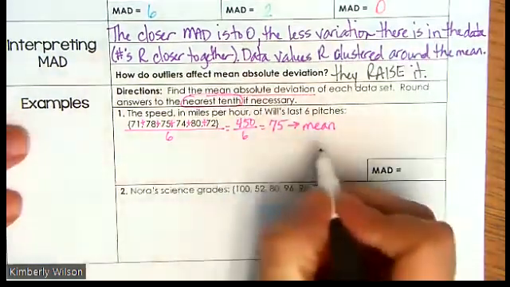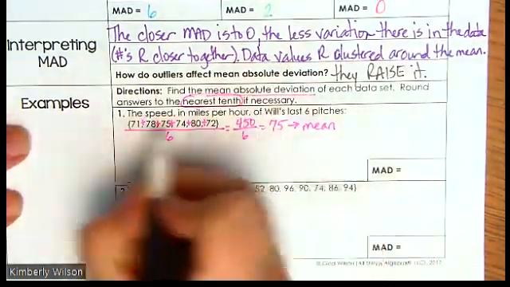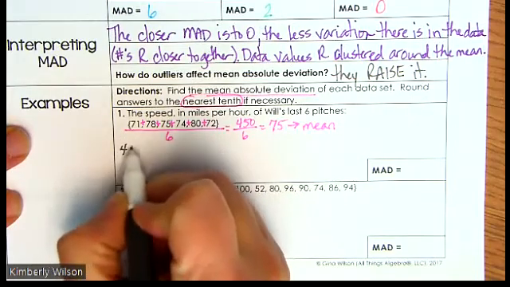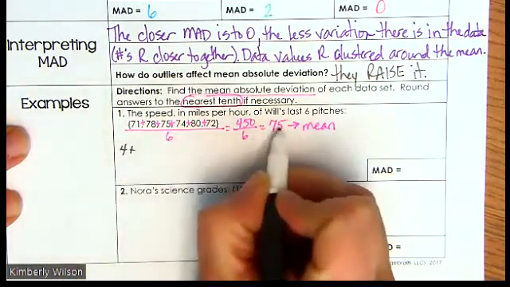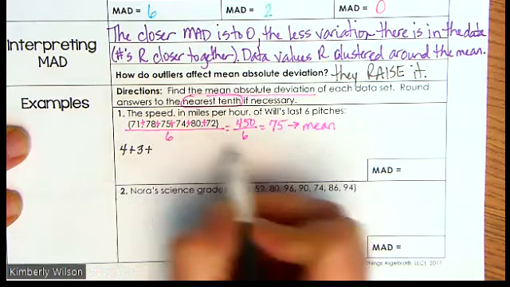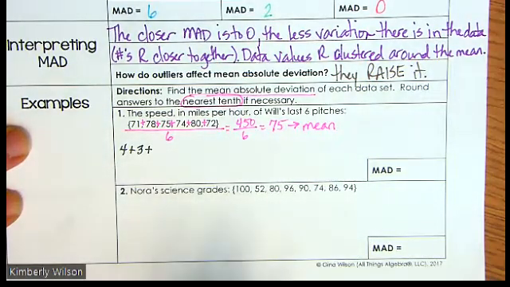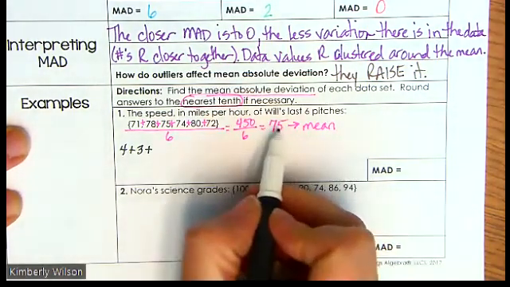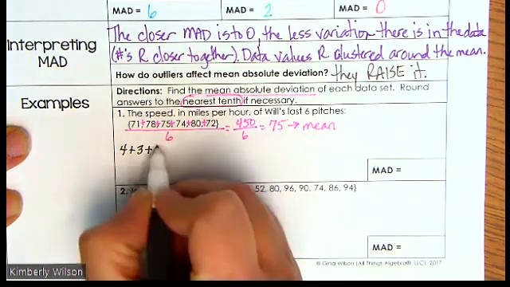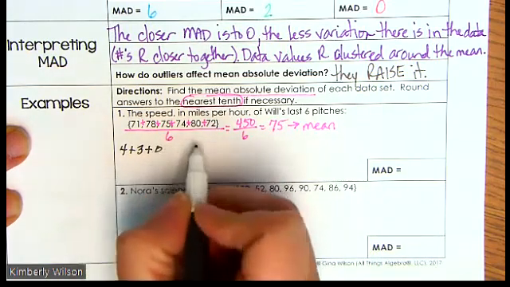Okay, so to do that, I'm doing 75 minus 71, that's 4, plus 78 minus 75 is 3. Notice I'm not having any negative numbers. I'm just doing what it takes to find the difference between the two, the distance between the two. 75 minus 75, that's 0, because that's the exact same thing.